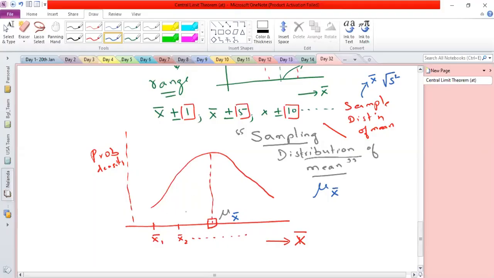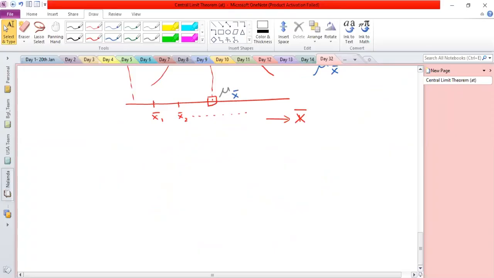But here, the sampling distribution standard deviation is sigma by square root n.